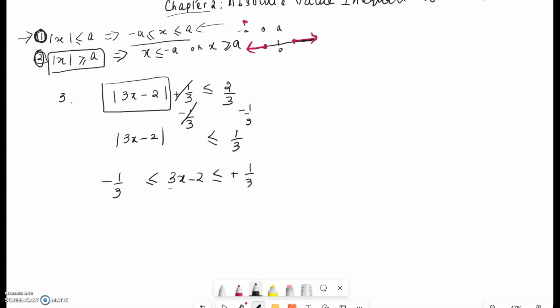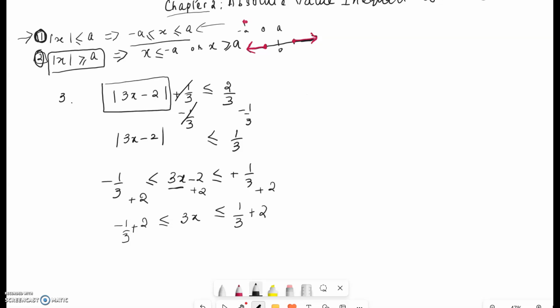So we're trying to solve for 3x or x. That's our goal, but we're going to solve for 3x first by adding 2 throughout. Adding the same number does not change the inequality. So negative 1/3 plus 2 is less than or equal to 3x is less than or equal to 1/3 plus 2.